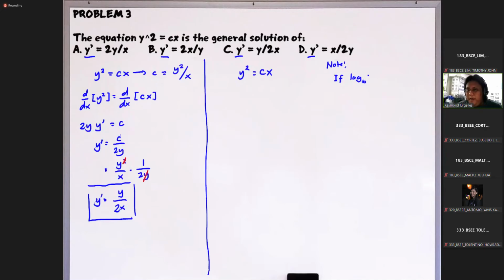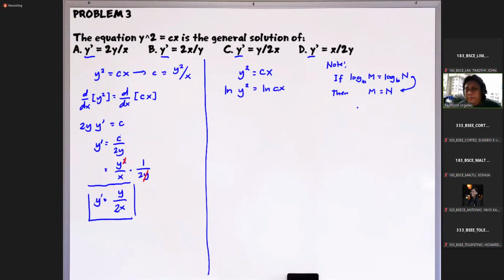If the logarithm base b of m is equal to the logarithm base b of n, then m is equal to n, and this is vice versa. Therefore, if m is equal to n, their logarithms should be equal. So we can take the ln of both sides: ln of y squared is equal to ln of cx.